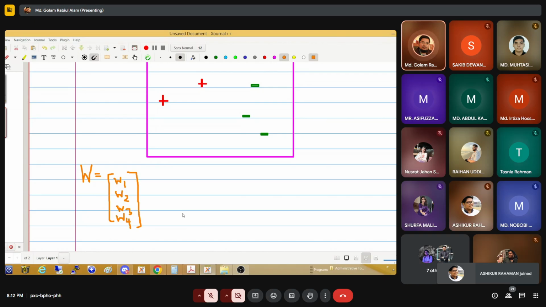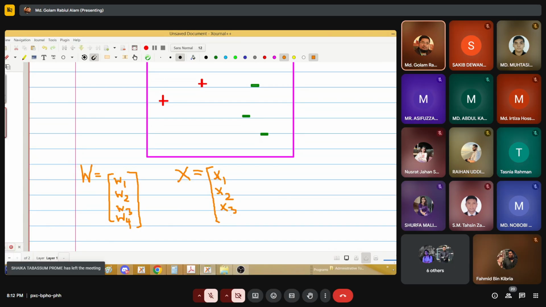So these are our vector W. And the feature vector X has the four features we have: x1, x2, x3, and x4. These are our four features.